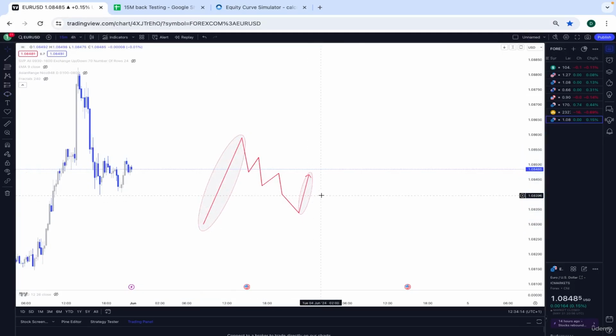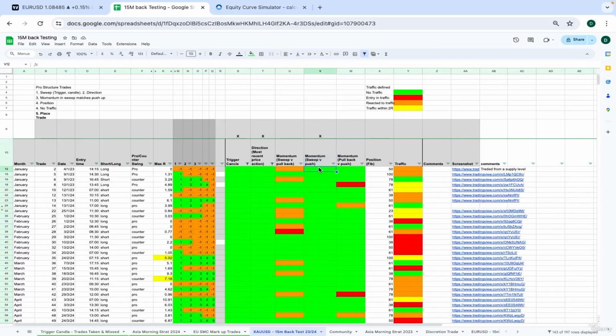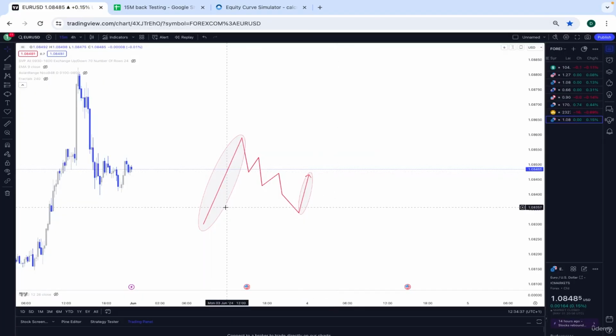If you remember in the strategy video, to keep it simple to start with, we just want to look for strength in the push up and the trigger candle in a bullish example, and strength in the push down and the trigger candle in a bearish example. If I did see strength in both of those, I would simply mark this as a green. This column here is the pullback versus the push. So let's just delete this.